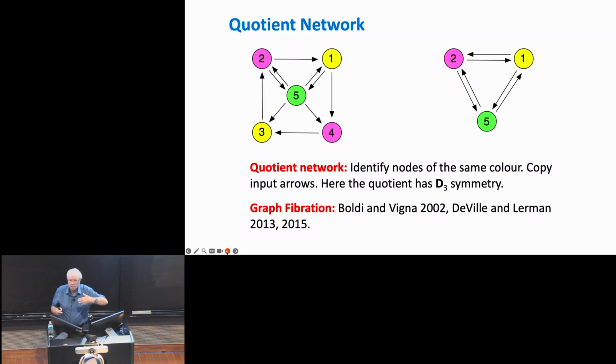Associated with this is a synchrony subspace of the phase space of the whole system, in which coordinates of nodes with the same colour are equal. And the theorem is that you get a dynamically invariant subspace for any system of differential equations with the network structure if and only if the colouring is balanced. So these things are fundamental, and balanced colorings give you quotient networks.